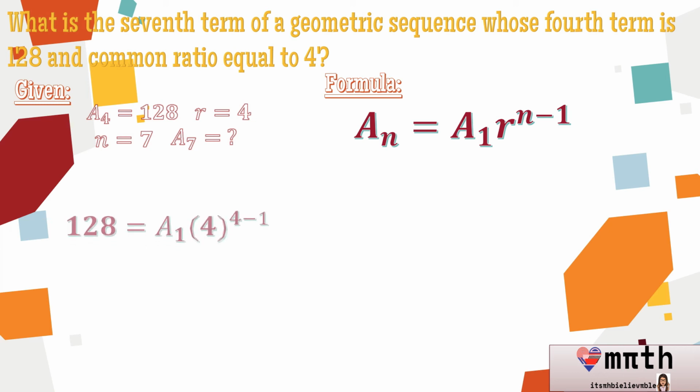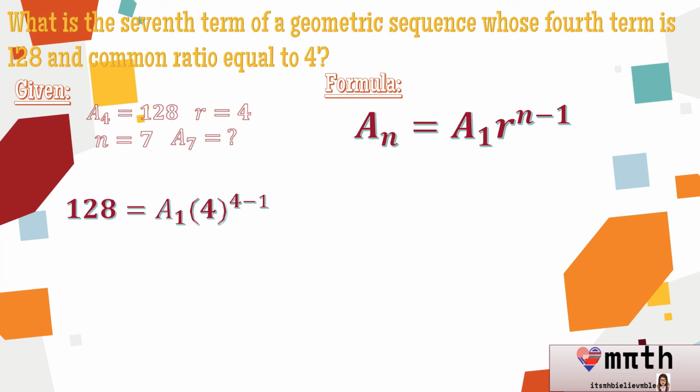So, we can write that as 128 is equal to a sub 1, 4 raised to 4 minus 1. Since we make the a sub 4 as our a sub n, which is 128, and we're looking for a sub 1, our r is still 4, and our n would be 4 instead of 7 because we're using the a sub 4 or the fourth term. So that will be our n minus 1.